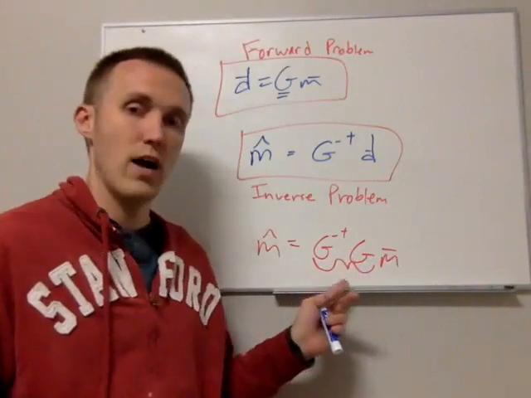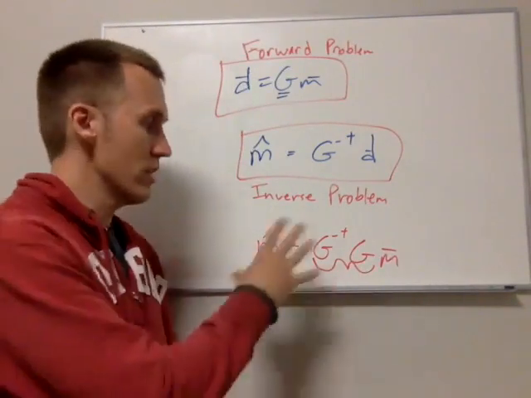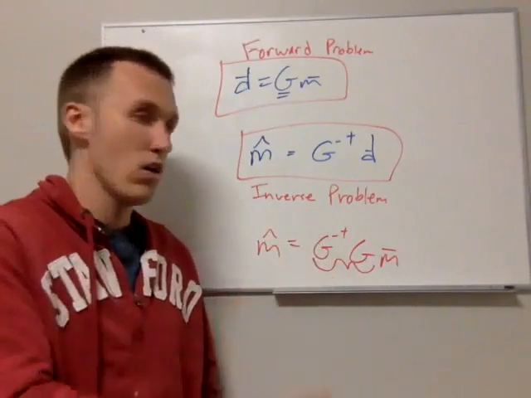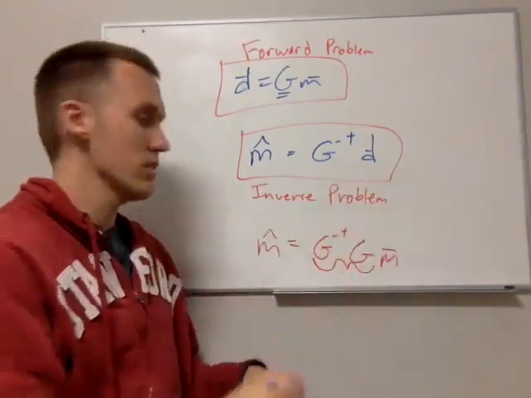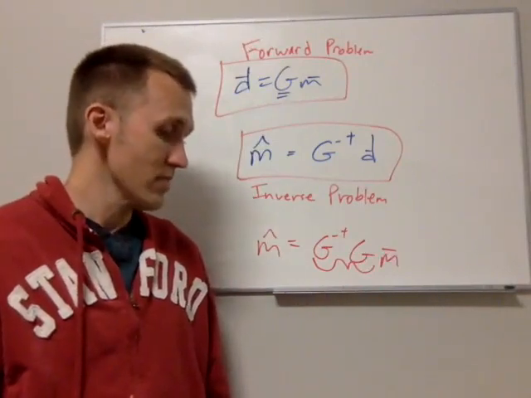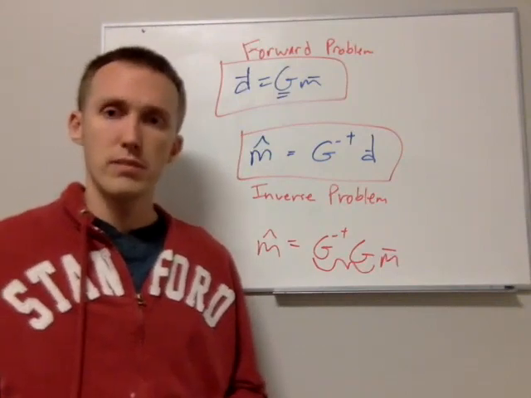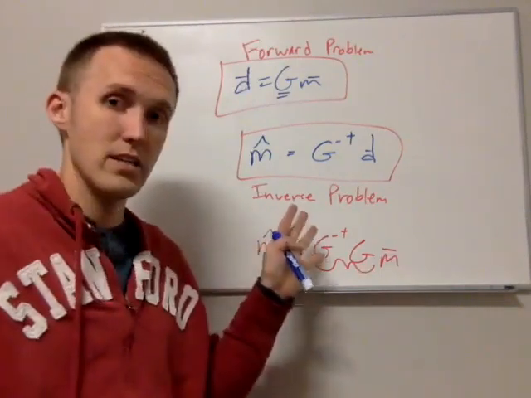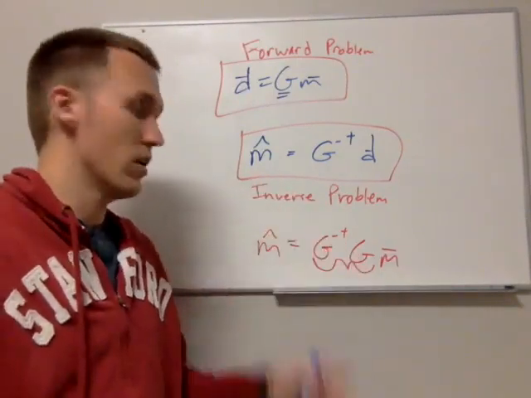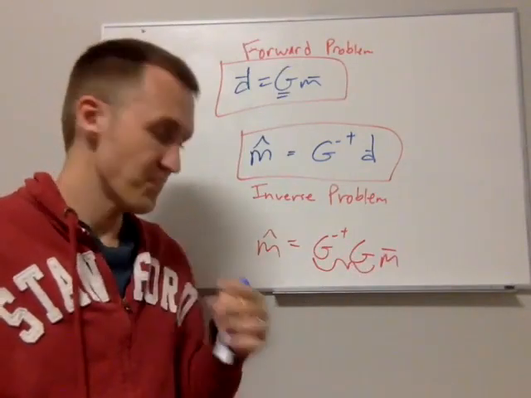That's related to how close this quantity is to 1. So it's related to how well our discretized model setup relates to the true Earth, or I should say, how sensitive our data are to our discretized model setup.